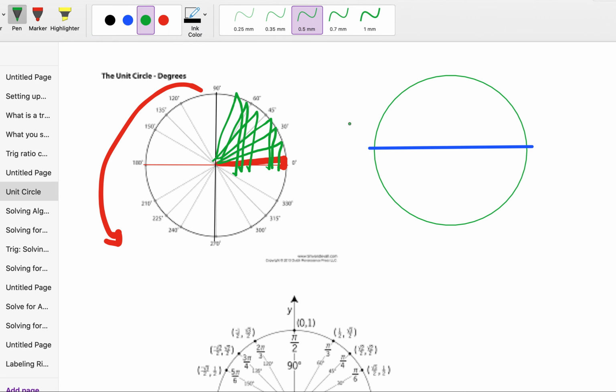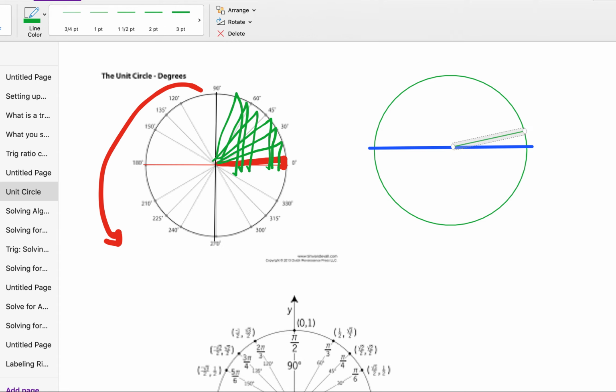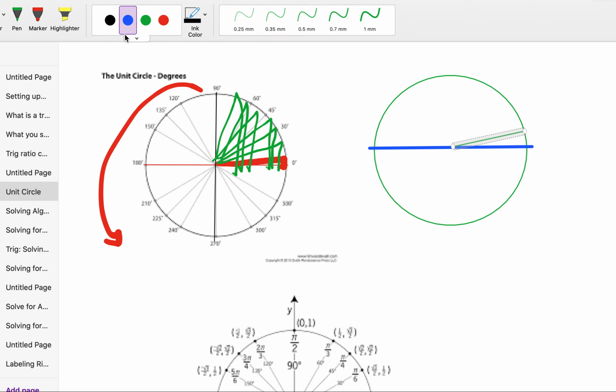I'm going to go as accurately to the center as I can because it doesn't have it marked. And I'm going to go here. I might have 1 degree, 2 degree, 3 degree, 4 degree, and we can go all the way around and make triangles out of it. So I can make a triangle here, and I'm going to have to estimate. Let's pretend it's something like 18 degrees.